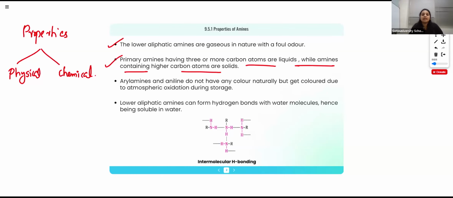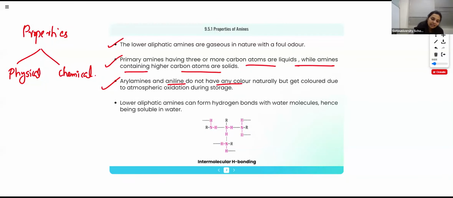Then aryl amines and aniline do not have any color naturally, but get color due to atmospheric oxidation during storage. Normally, these aryl amines and aniline do not have any color.